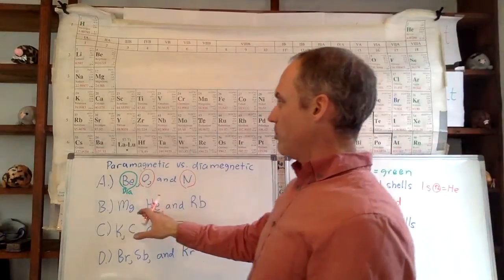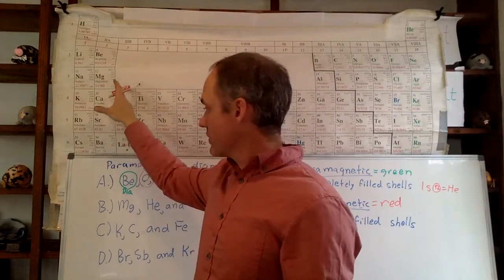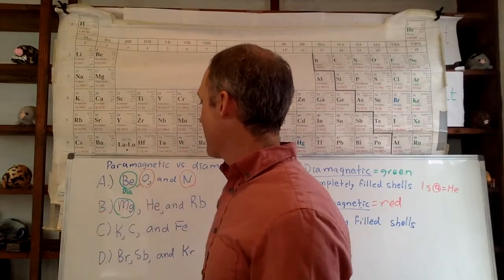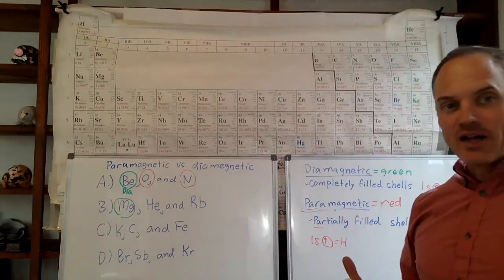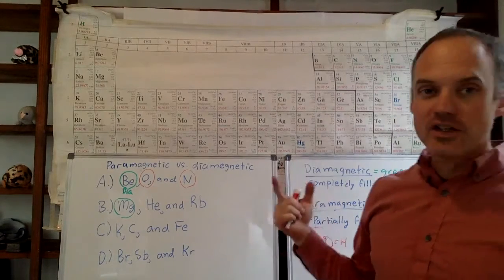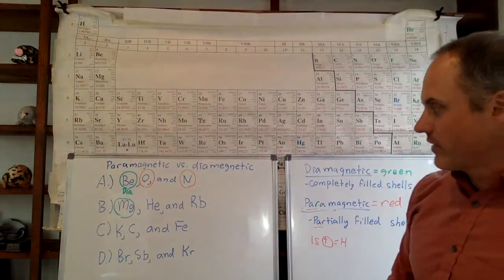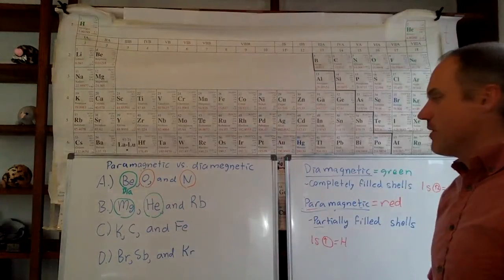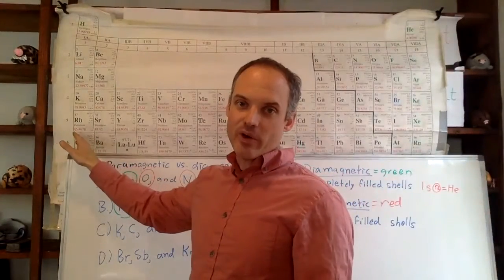Moving to the next one, B, we have magnesium in the s2, just like beryllium, so that's diamagnetic. Helium is a noble gas. Noble gases are at the very end of the table. They are all p6, or helium is an s2, which we already talked about as our example of a diamagnetic atom.